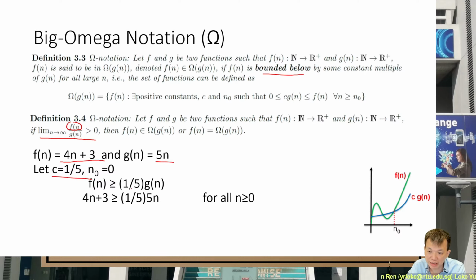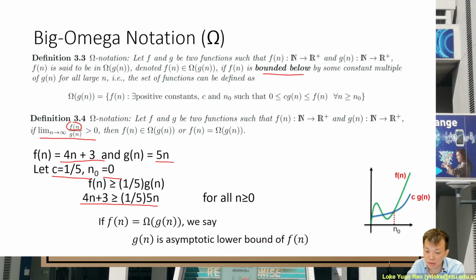Definitely you can find a c and n naught to conclude that 4n plus 3 is always greater or equal to 1/5 times 5n for all n greater or equal to 0. So you can conclude that f(n) is in big omega g(n), and we can also say g(n) is an asymptotic lower bound of f(n).